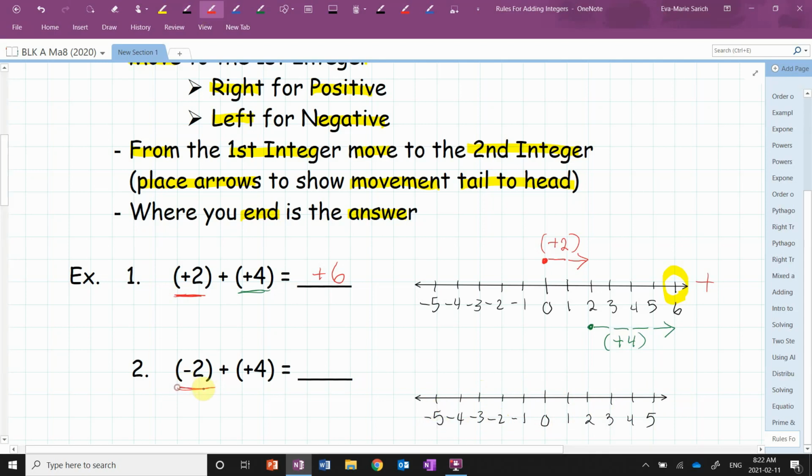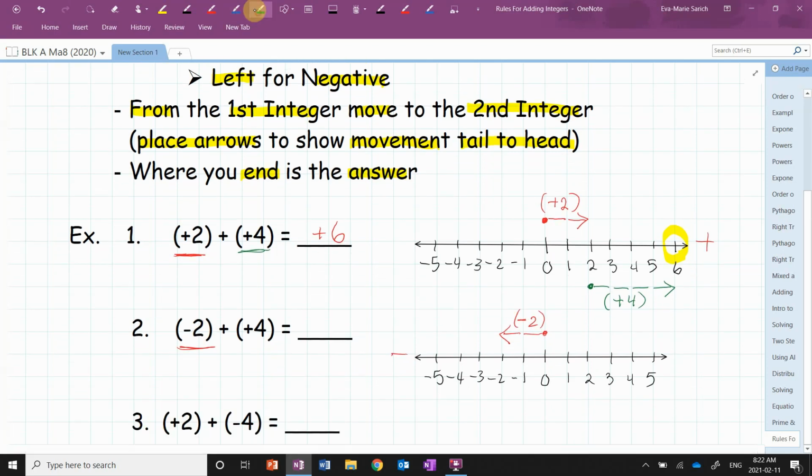So my first integer is now negative 2. So I'm going to start at 0, and I'm going to go in the negative direction, 1, 2. Okay? And so that arrow represents the negative 2 integer. Then I'm going to go to my second integer, which is positive 4, and I start where I left off from my first integer.